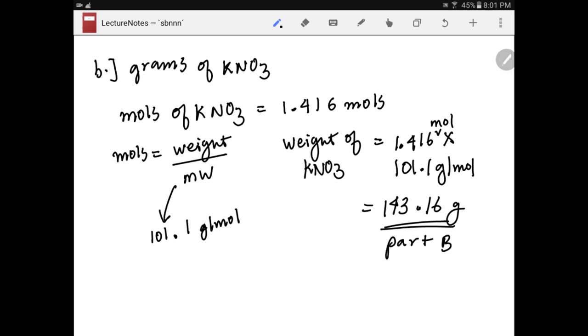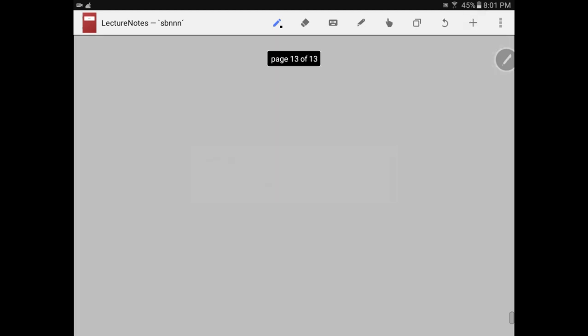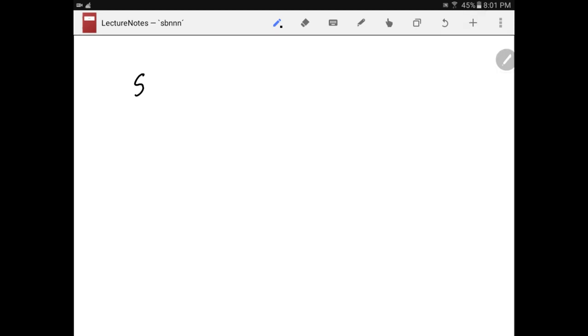To summarize how you approach problems like this: 1, you always have to make sure the reaction equation is balanced.